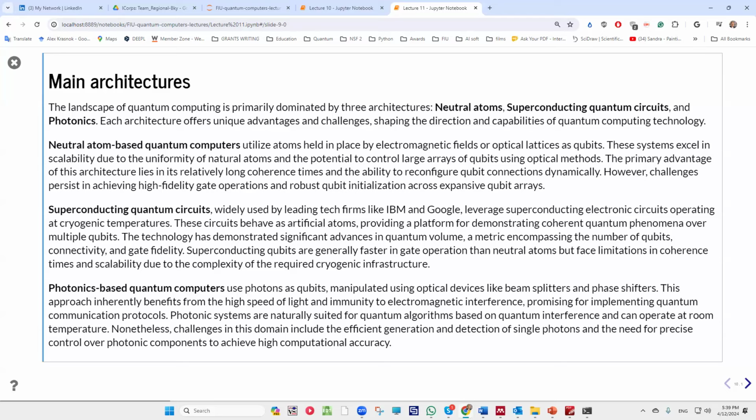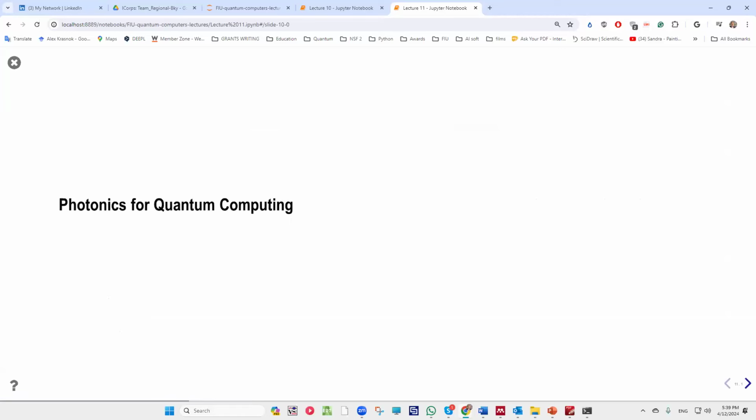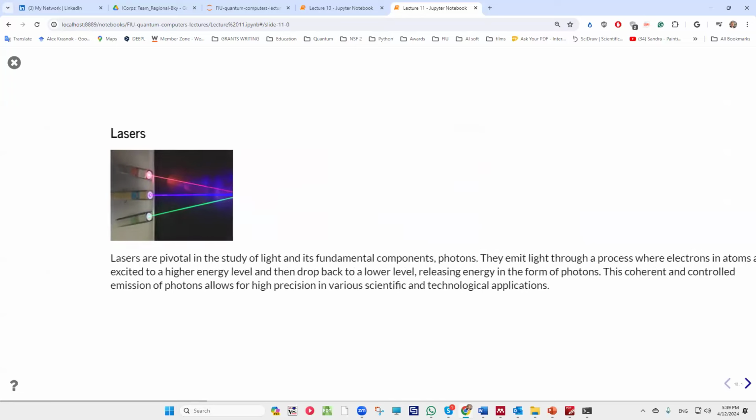The fact that photons don't interact allows them to keep the quantum state longer, but unfortunately, this lack of interaction leads to the disadvantage: no scalable 2-qubit gates.